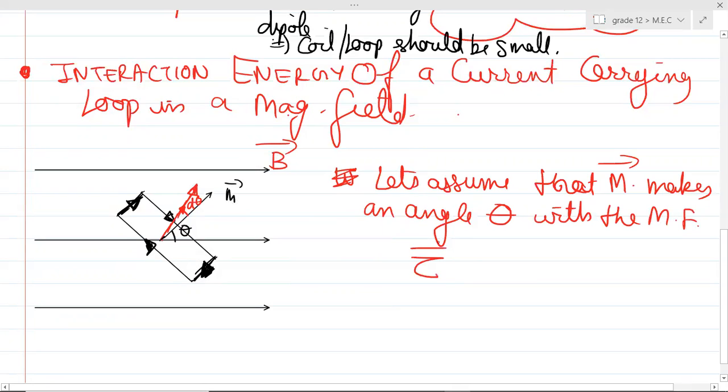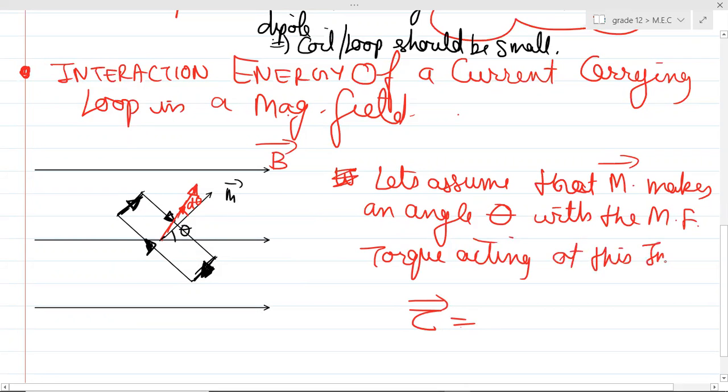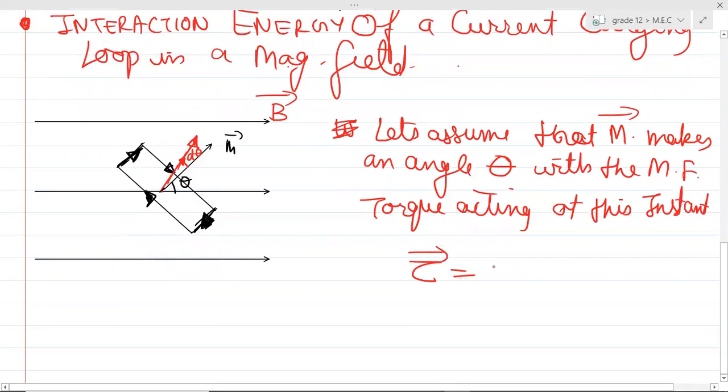So at that instant, what will be the torque acting on the loop? Torque will be equal to M B sine theta, or M cross B if I just want the magnitude.